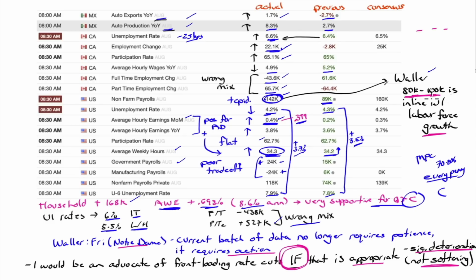So a jobs print of 85,000 would not shock him. He would not look at that as significant deterioration and say, okay, well, we're just going back to the long-term number. This is not a 50 basis point person. He would be open to front-loading cuts if that is appropriate, and appropriate would mean significant deterioration.